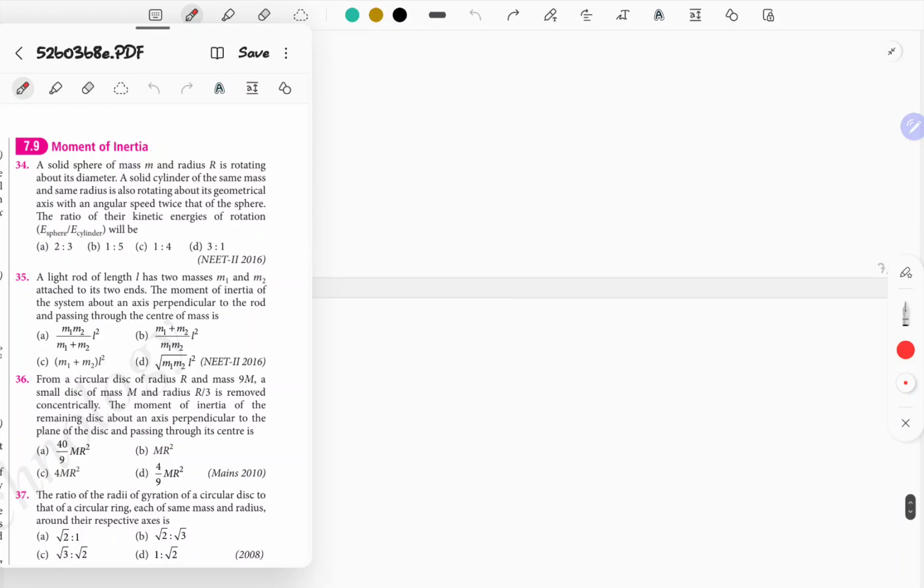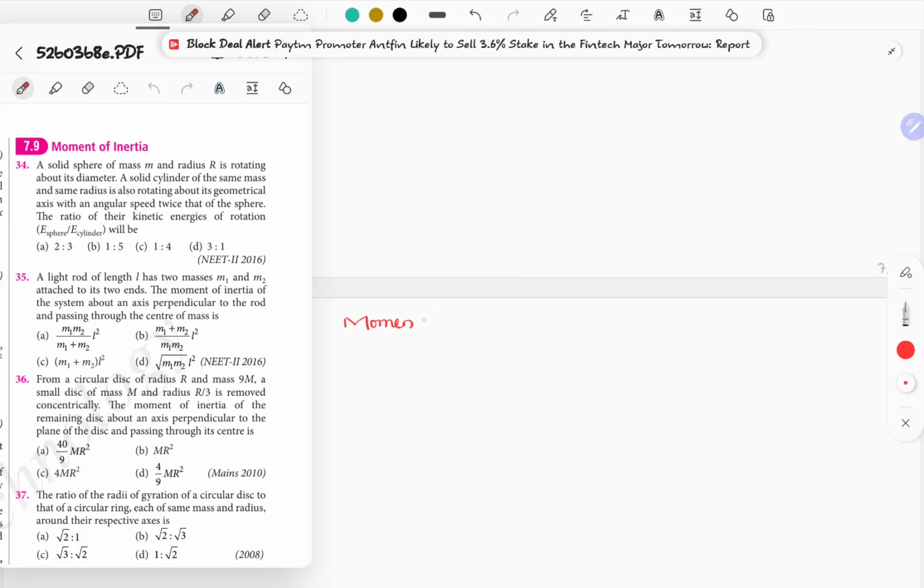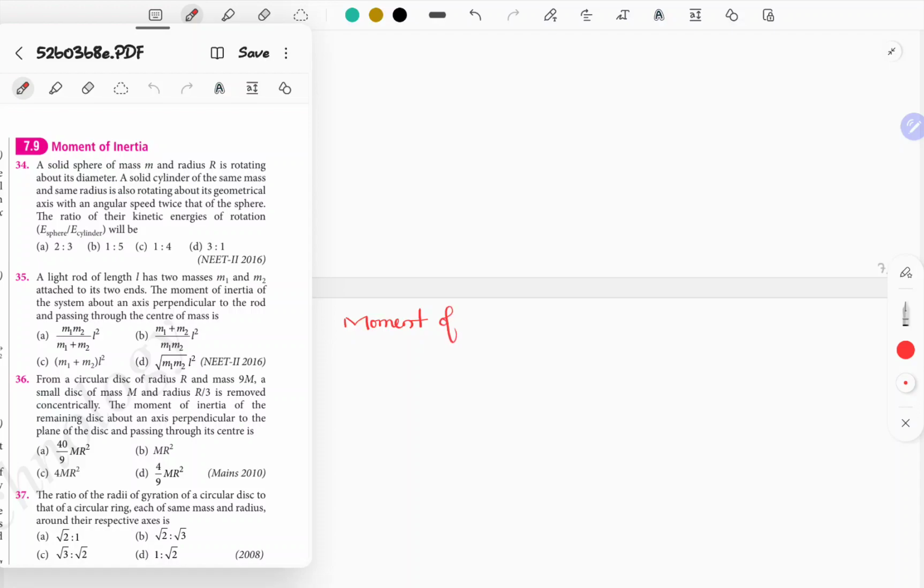Moment of inertia. What is the definition of it? First of all, try to understand the definition. We already came across the terminology called inertia in the chapter laws of motion.